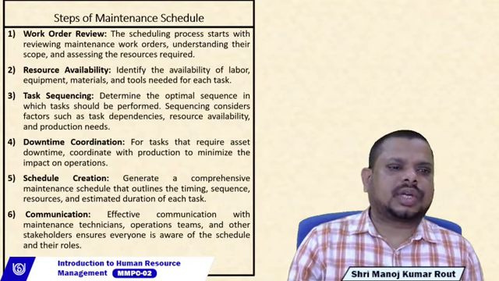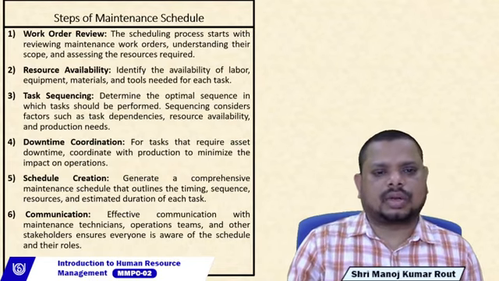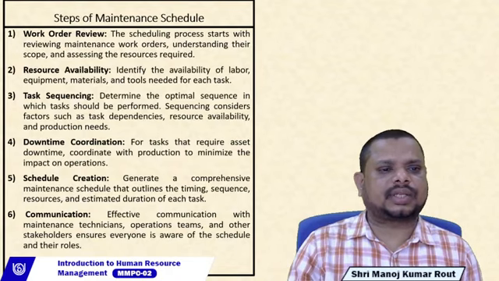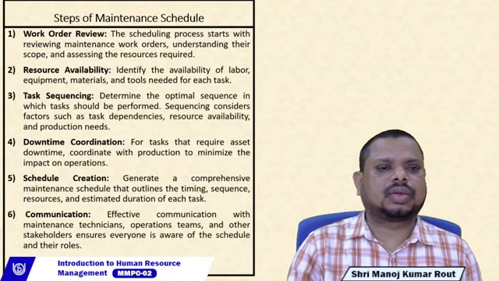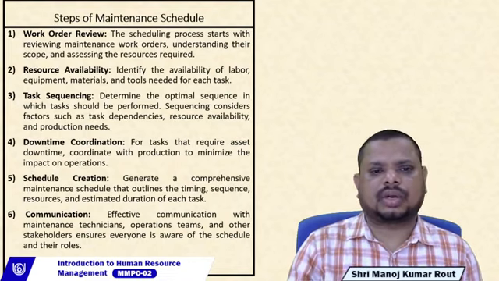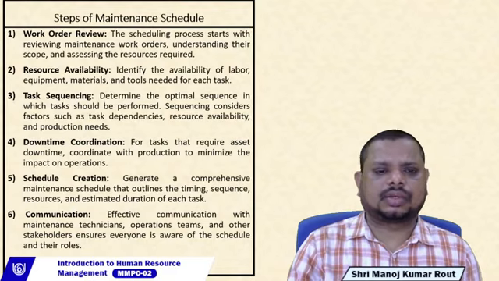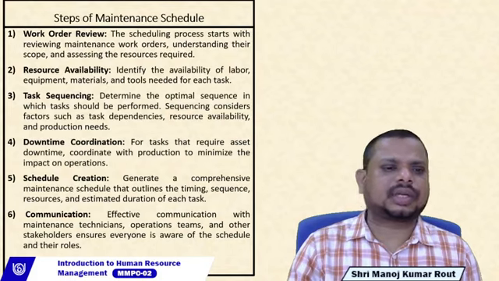The scheduling process starts with reviewing maintenance work orders, understanding their scope and assessing the resources required. Whenever you go for maintenance scheduling, it draws directly on the maintenance work orders and understanding the scope. For example, you are going to fix a machine or a gear.